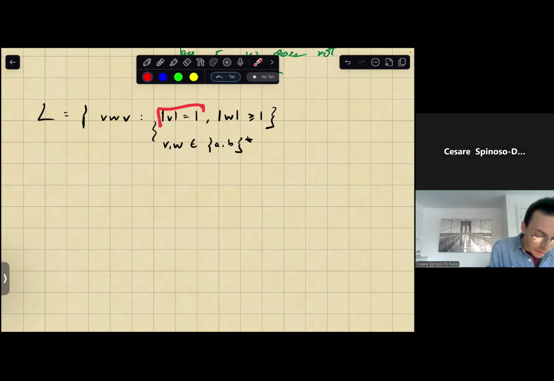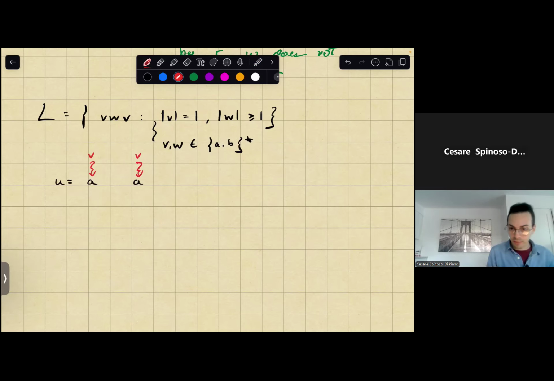And because the length of V is 1 here, that first and last part is of size 1. So for instance, let's use the variable u since I'm already using w. I could have a and then a, at the beginning and at the end. They have to be the same because I need V to be the same. So here V would be equal to a.